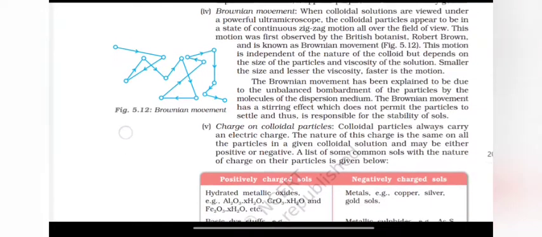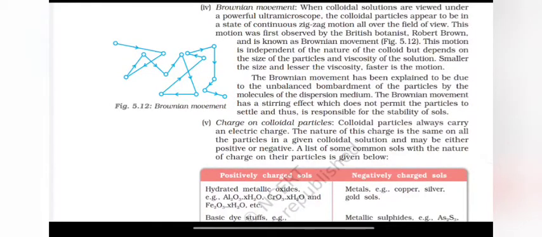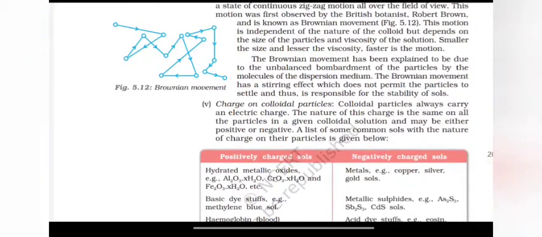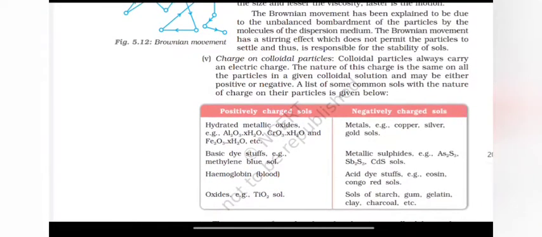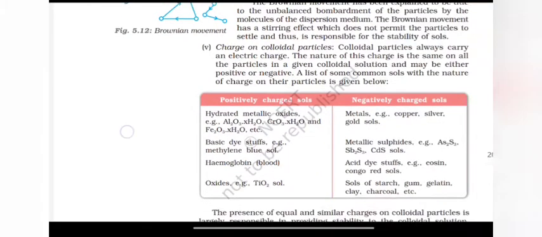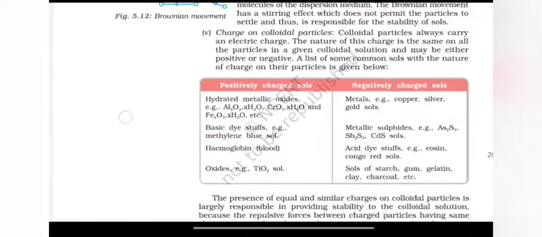This motion is independent of the nature of the colloid but depends on the size of particles and the viscosity of the solution. Smaller the size, lesser the viscosity, faster is the motion. The Brownian movement has been explained to be due to the unbalanced bombardment of particles by the molecules of the dispersion medium. The Brownian movement has a stirring effect which does not permit the particles to settle and thus is responsible for the stability of sols.